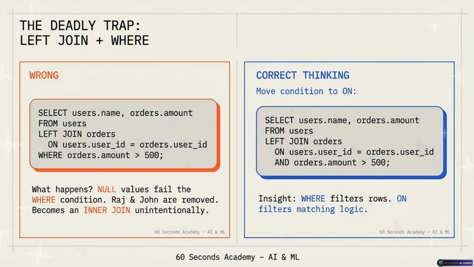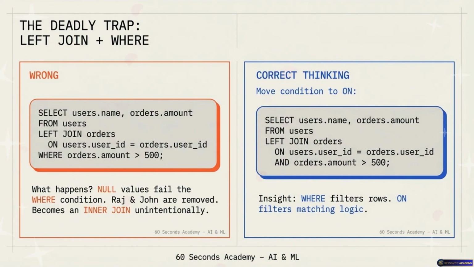Yes. Let's run that through the execution engine just to be sure. Okay, so phase one is the same. Tables are identified. But in phase two, the on condition, the engine evaluates both the ID match and the amount at the same time. So Amit's orders failed the greater than 500 test right there. Raj and John have no orders. Only Sarah's order passes phase two. Right. But then phase three kicks in, the outer join step.